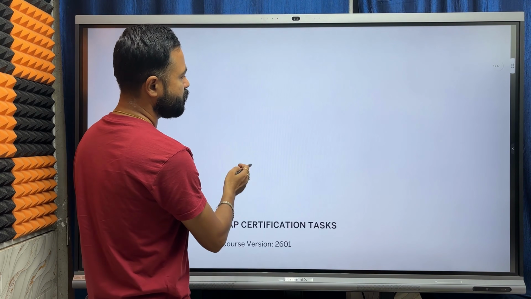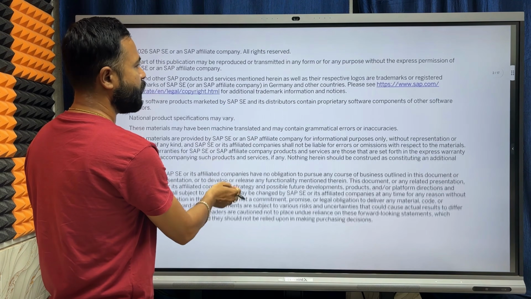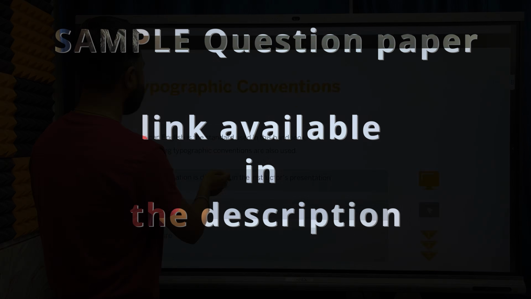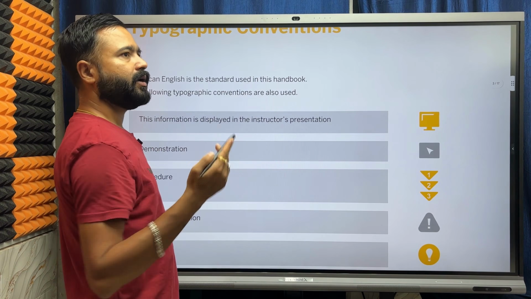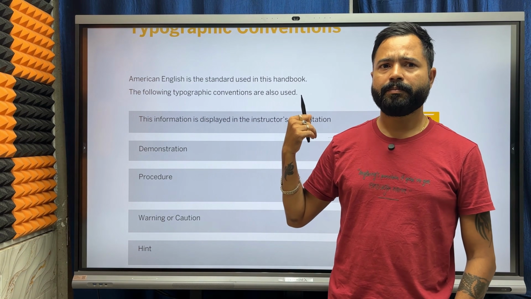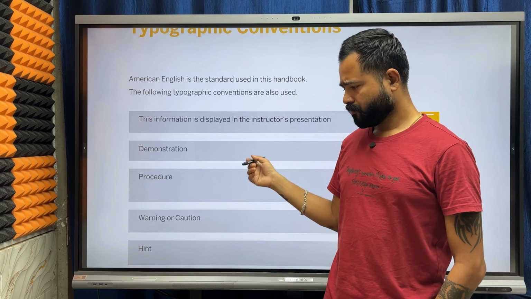You can see this is affiliated to SAP copyright, so I'm showing this document just as an example. One more important thing: this is the exam paper I got in the SAP MM exam.